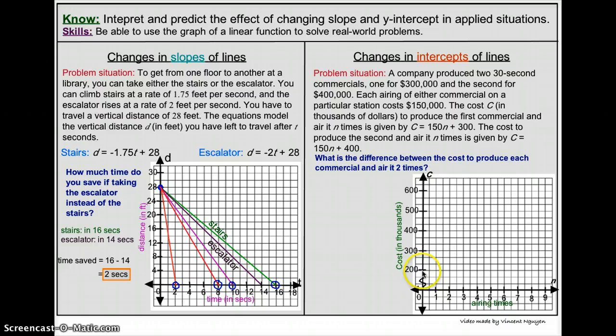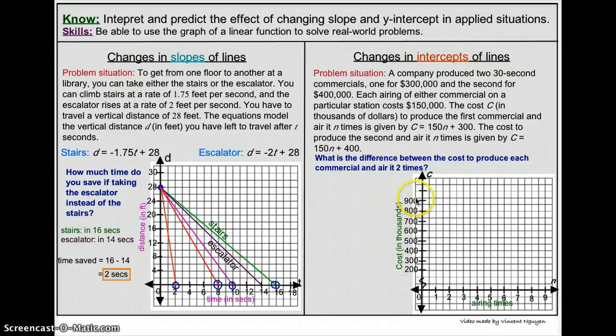So let's just say that we started out at $200,000 here, okay? Because the cost is in thousands, all I have to do is put 200. And then 300, 400, 500, 600. You know what? Let me change the scaling a little bit.